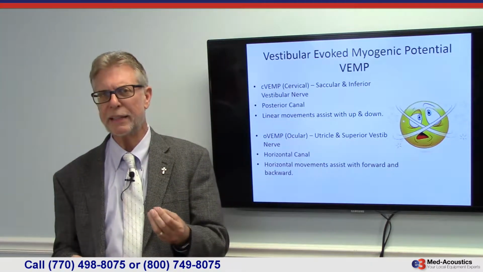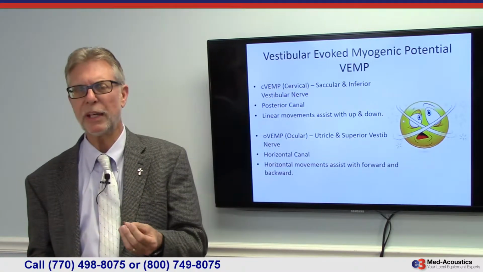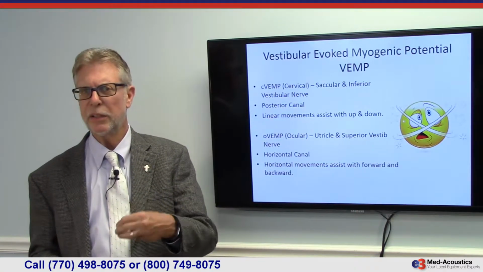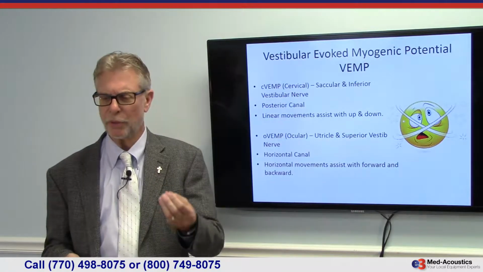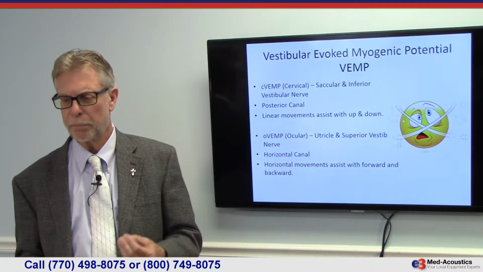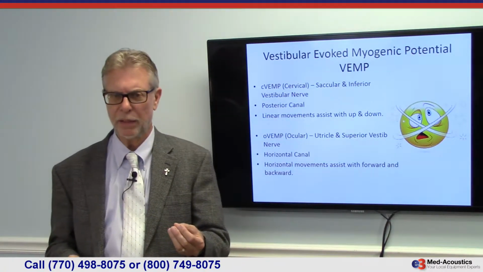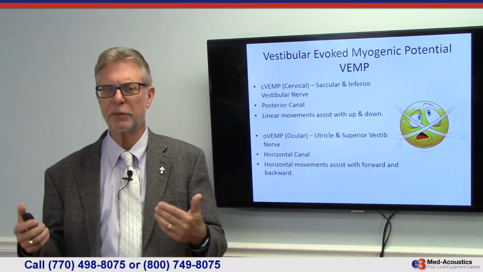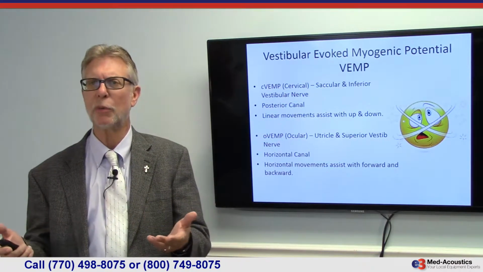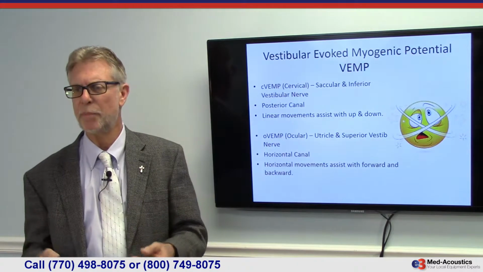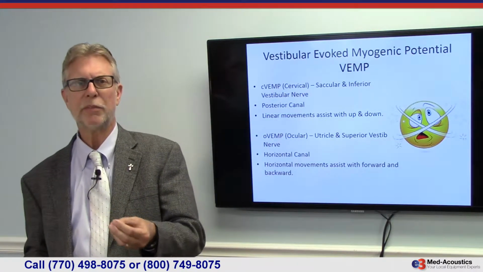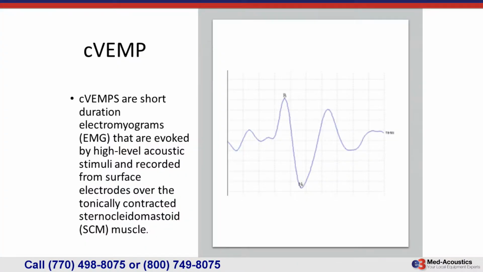So all that taken into account, these 2 tests are important. Not C-VEMPs only or O-VEMPs only, but both together, along with, it doesn't make the other tests obsolete. It would be used along with VNG and hopefully VHIT, video head impulse test, as well.